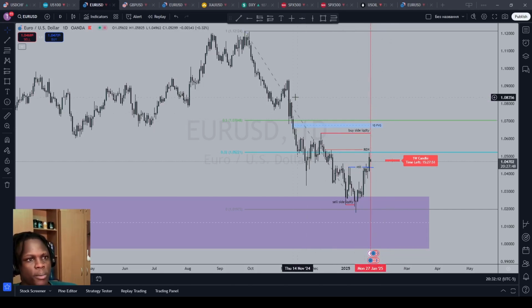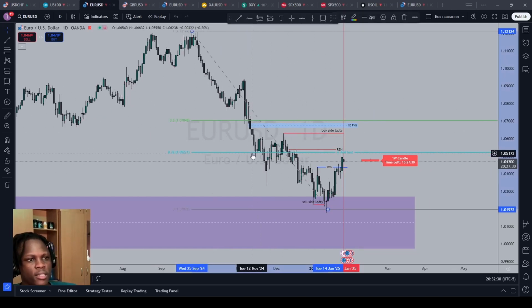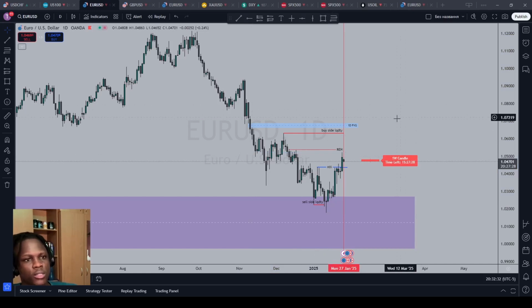What's also above here, we have this fair value gap, and we have these relative equal highs. We have also these. So maybe that's how the market is going to behave into this coming year and into the future months. Yeah, that's basically it on this.